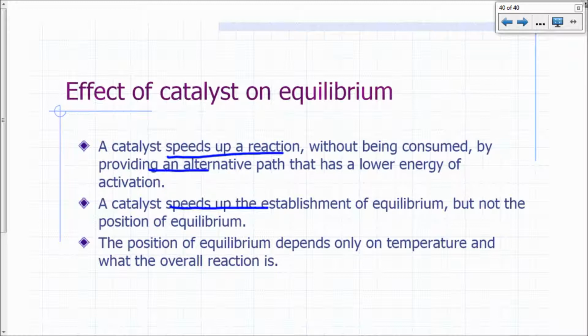It speeds up the approach of your reaction mixture towards equilibrium. But it's not going to affect the position of equilibrium. Your equilibrium constant depends only on temperature and what the overall reaction is. Okay, so the effect of a catalyst would be a faster approach to equilibrium, but no effect on the position of equilibrium.